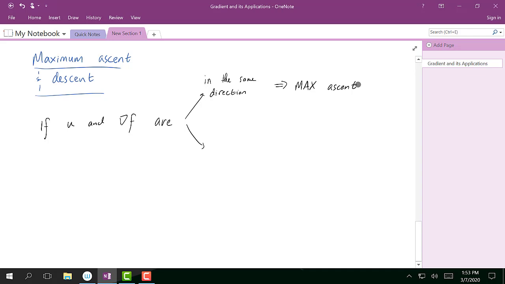So if the vector u and the gradient of f are in opposing directions, sometimes what we call anti-parallel, so parallel but in opposing directions, then going along this direction will be that of maximum descent.